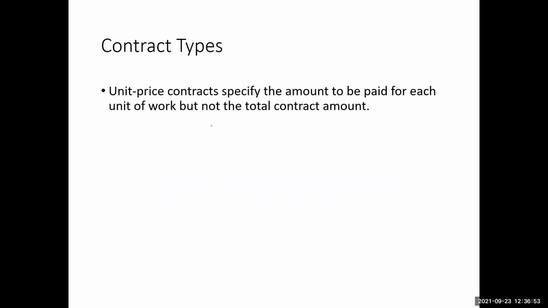The unit price contracts specify the amount to be paid for each unit of the work, but not the total contract amount. So a unit price contract is also a kind of fixed price contract, but in this situation, the prices for the different units of the work are paid, but we do not know the total contract amount.